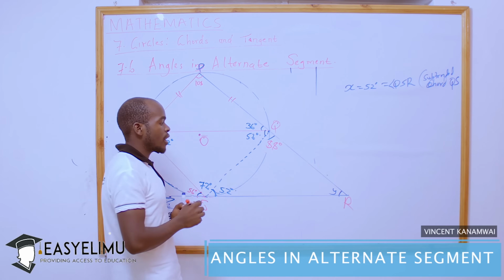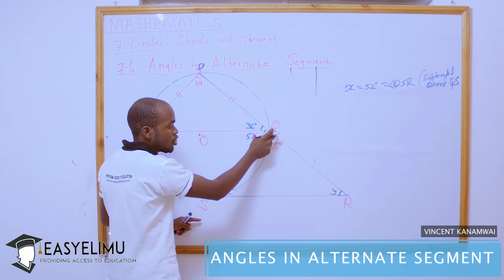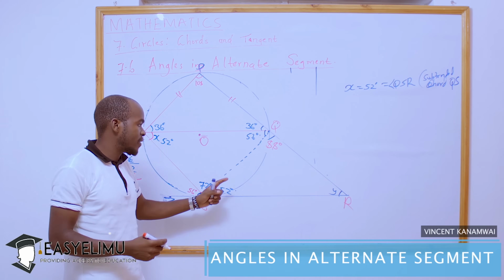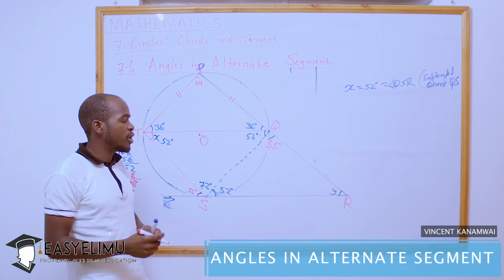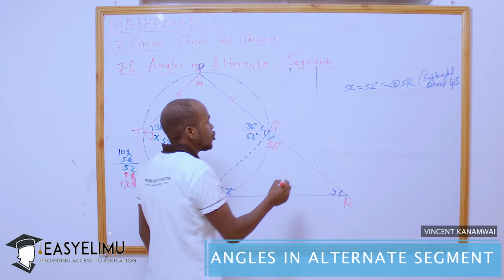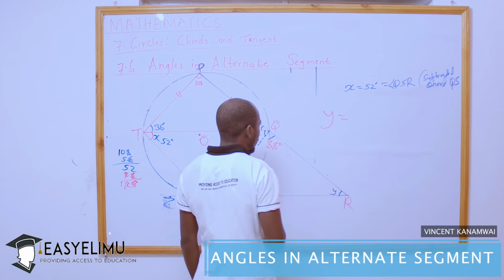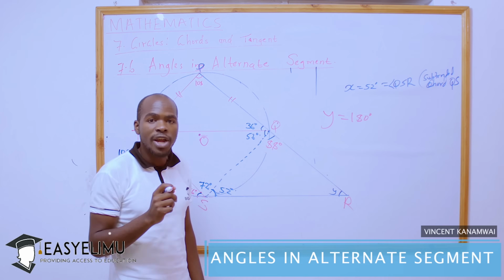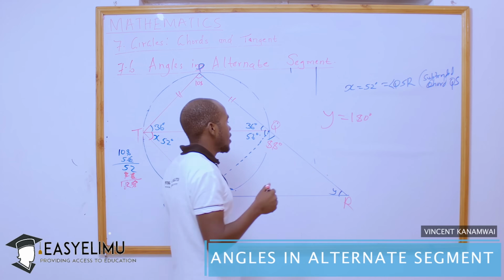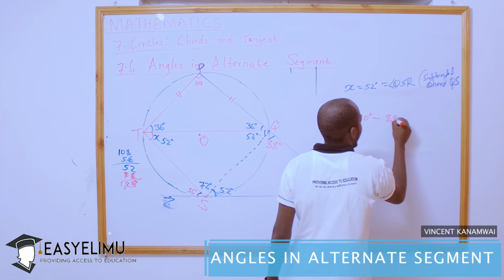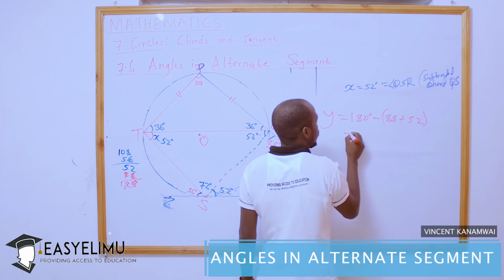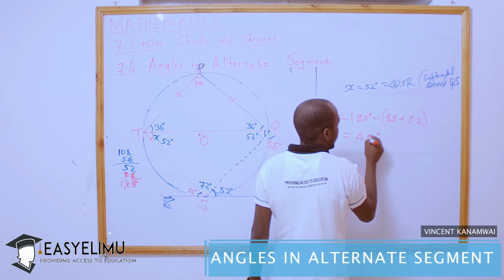If you do that, you are going to get this angle as 88 degrees. But remember, SQR is a triangle with two angles given. So to find y, you take 180 degrees, because all angles in a triangle add up to 180 degrees. Then you subtract 88 and 52, and you get your answer as 40 degrees.